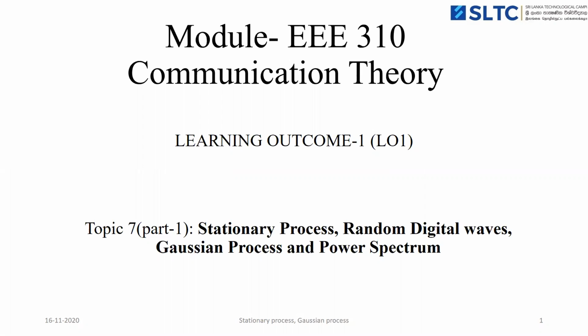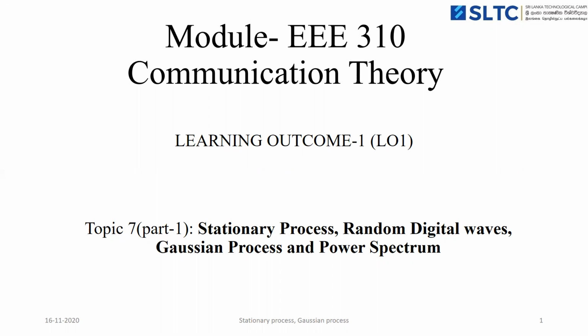In the previous session, we studied the condition for a wide stationary random process. The condition is that if the random process is stationary to the first order and stationary to the second order, then the given random process is called a wide stationary random process.